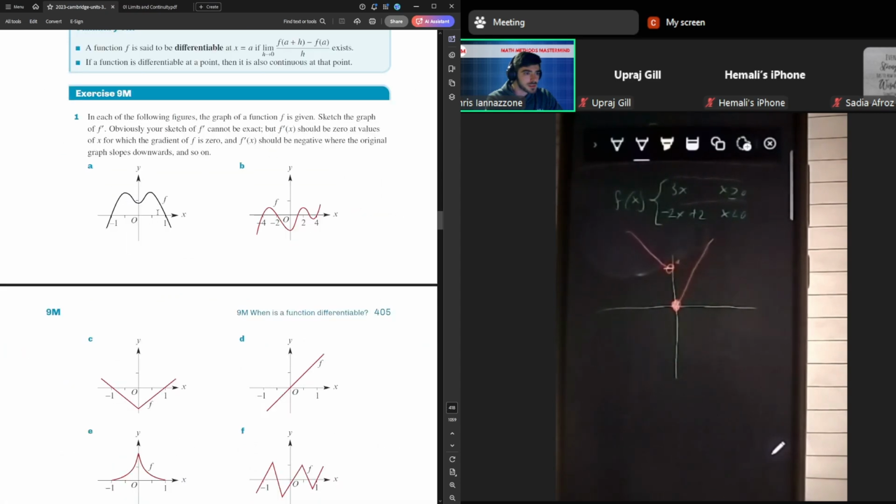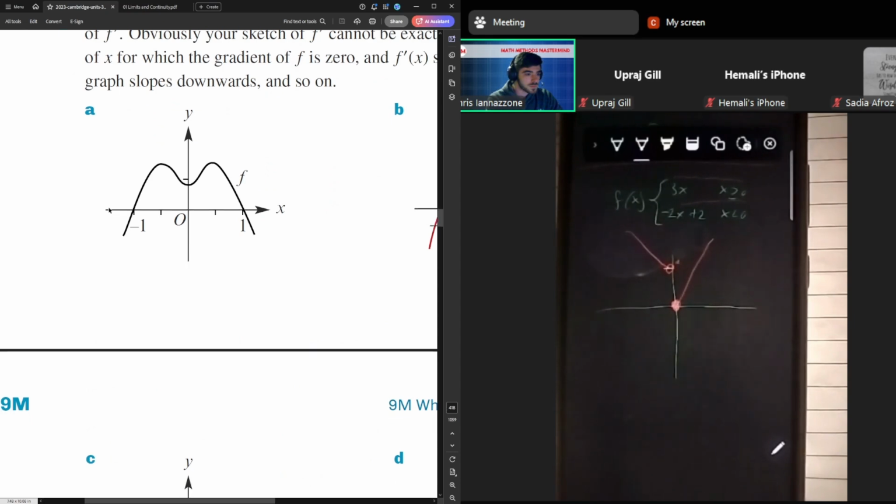Yeah, okay. What are we doing here? Sketch f dash. Yeah, we could do at least one of those maybe. Sketching f dash. Is that all it's actually asking? F dash should be 0 gradient, negative. Yeah, okay, fair enough.